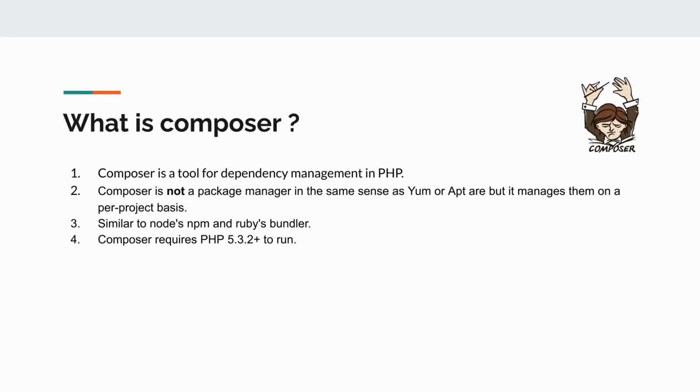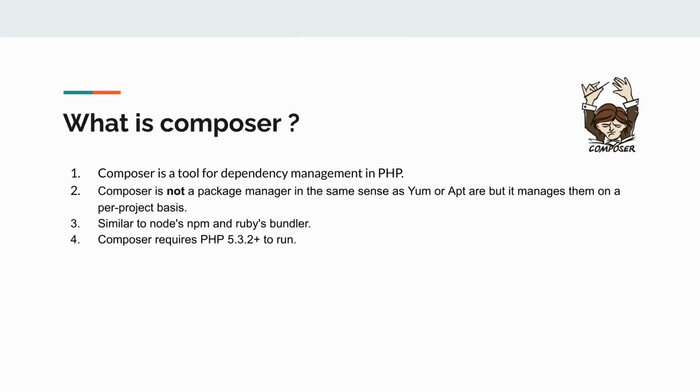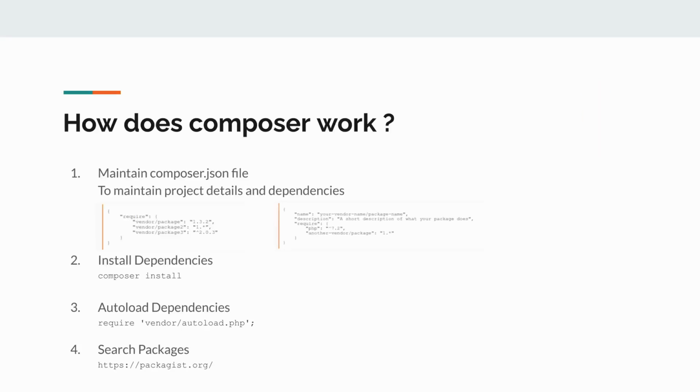Composer is not to be mistaken for Yum or apt on Linux, which are strictly system package managers. Composer is more of a package manager, but on a per-project basis. In that context, it is more like Node's npm or Ruby's bundler, and PHP 5.3.2 or onwards is required to run Composer. So that's basically a brief summary of what Composer is.